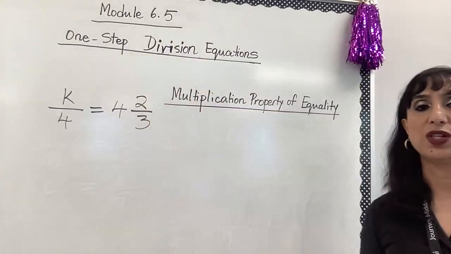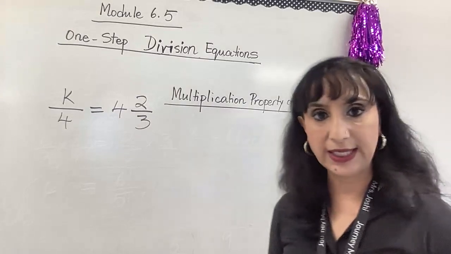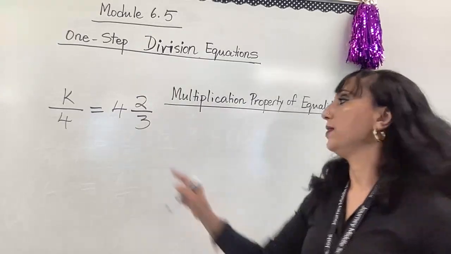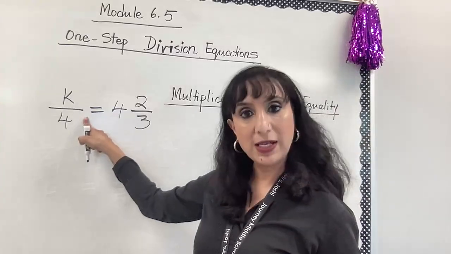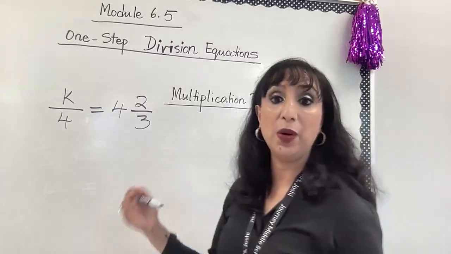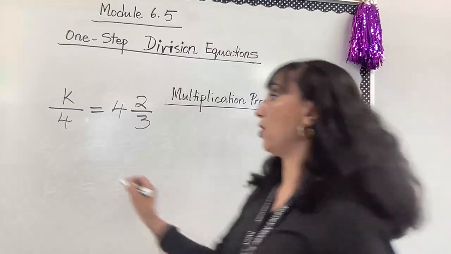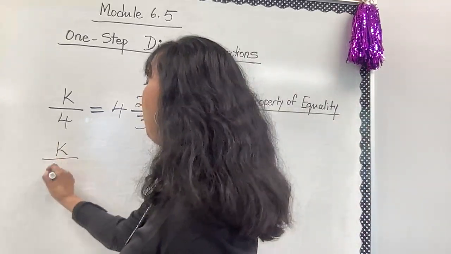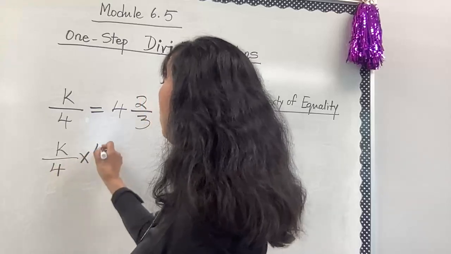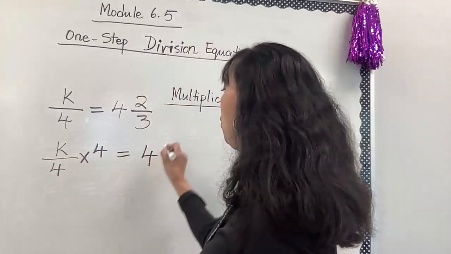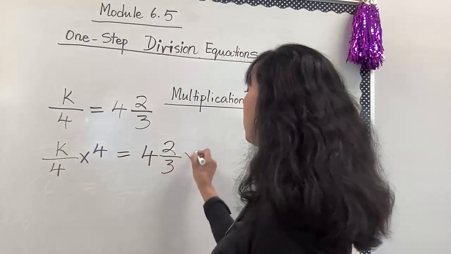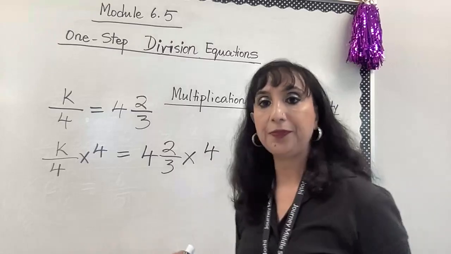Okay, so this is division. Inverse is multiplication. I'm going to multiply both sides by 4. So I have k/4 times 4 is equal to 4 and 2/3 times 4.